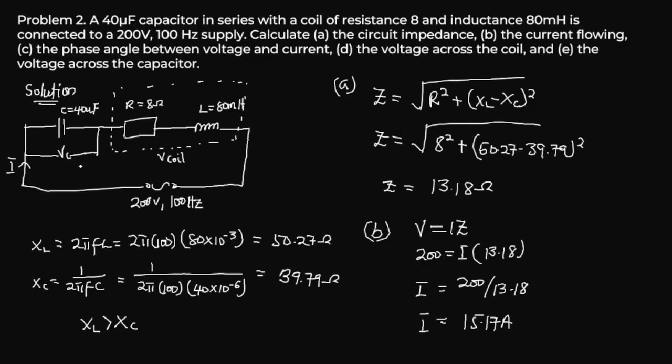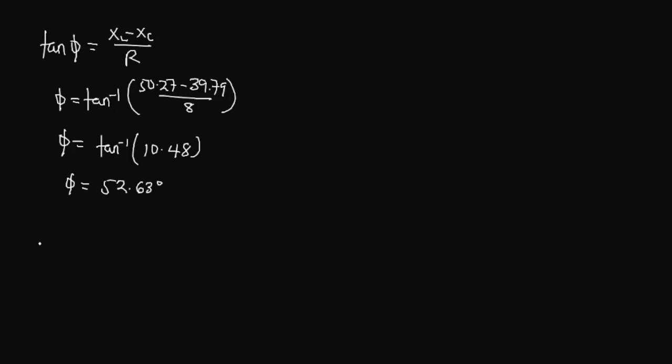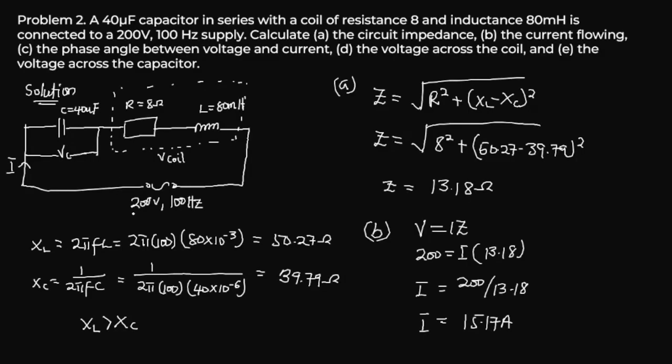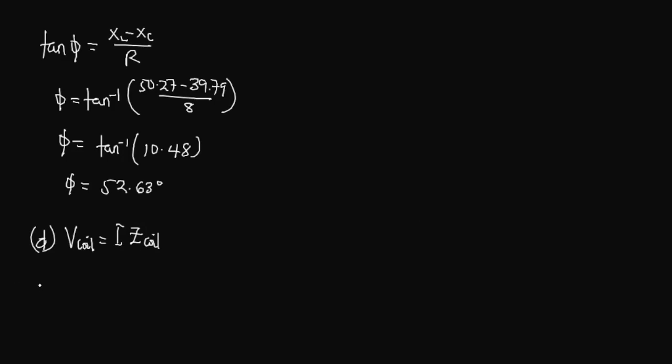So let's look at the next thing we have to find. We have to find the voltage across the coil and then the voltage across the capacitor. This is very good. The first thing we need to do, the voltage across the coil, V coil, will be equal to the current multiplied by the impedance of the coil. Now we know that the coil is made up of the resistor and then the inductor, so the Z coil, the impedance of the coil, will be equal to the root of the resistance squared plus the inductive reactance squared.